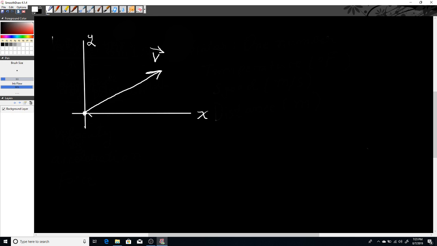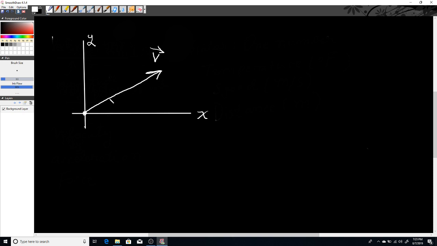In this case, the length of the vector represents the magnitude. But there's also a direction component because it's pointed in a certain direction. That's why the vector itself is an arrow.